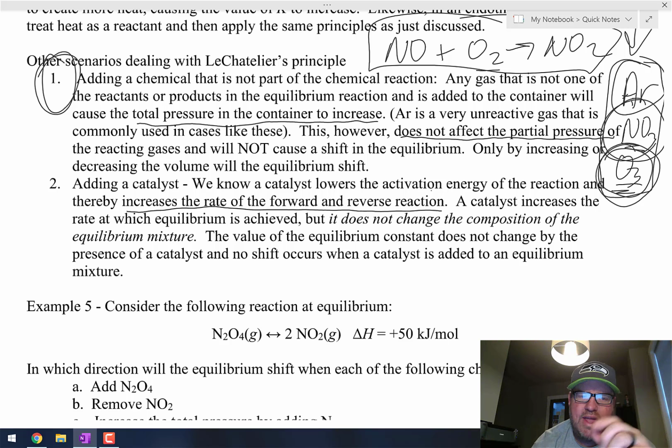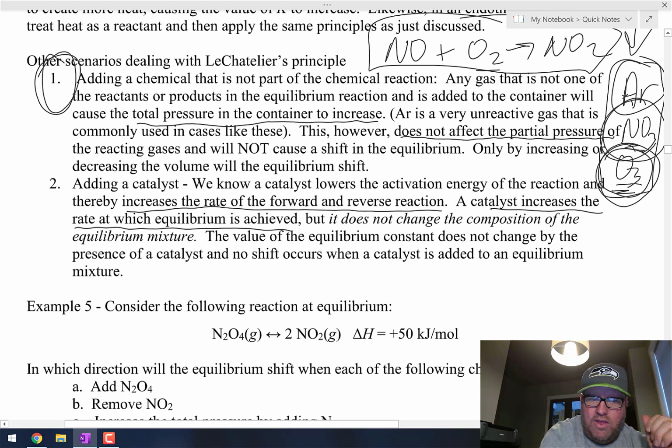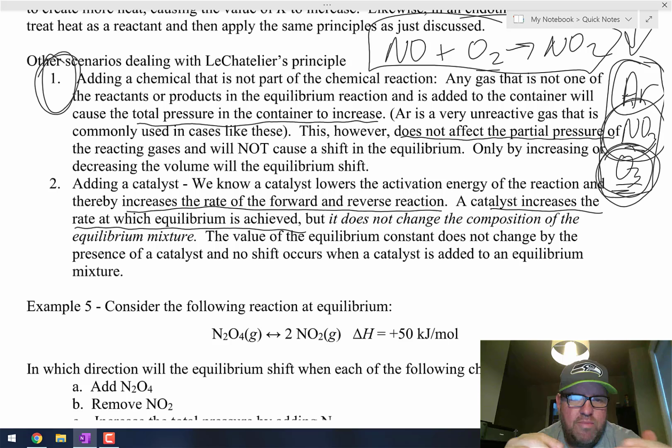Remember that a catalyst is something that you start with and then you end with it. So it's not in the overall equation, and so it's not in the equilibrium constant expression. So it increases the rate that you reach equilibrium. So you'll get to equilibrium faster, but again, the ratio of products to reactants is still going to be the same.